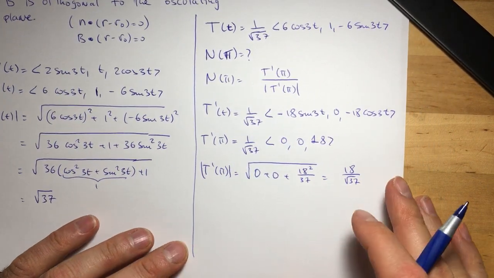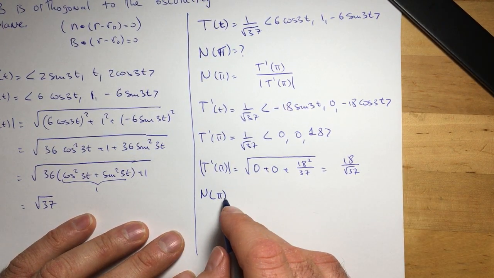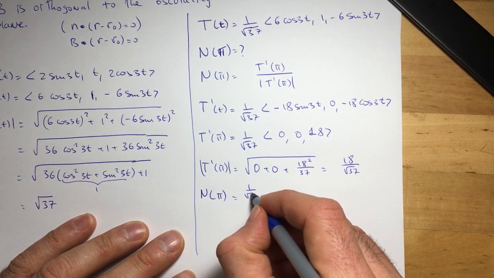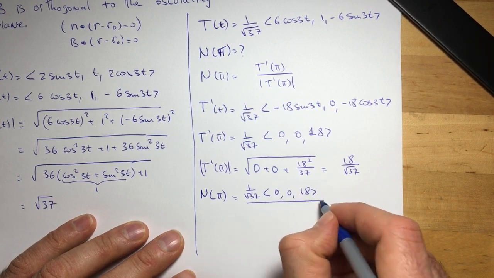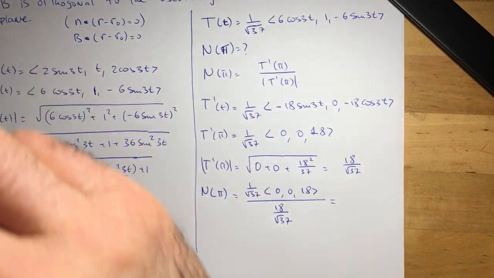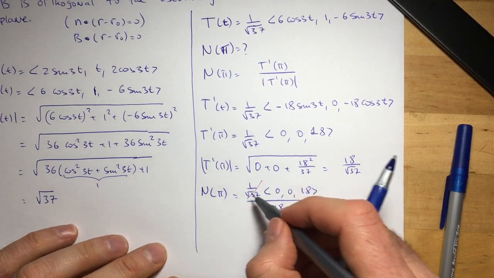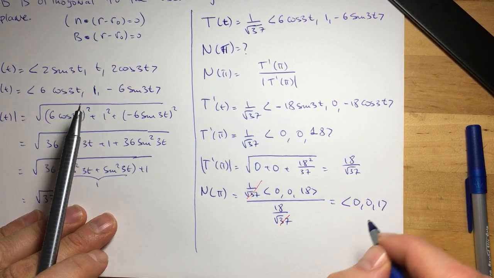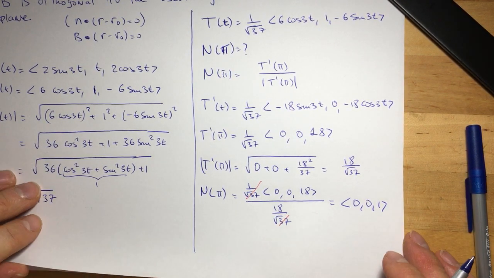And then finally, the normal vector at P is going to be this vector here, 1 over square root of 37 times 0, 0, 18, divided by 18 over square root of 37, which gives us 0, 0, 1, because 18 divided by 18 is 1.